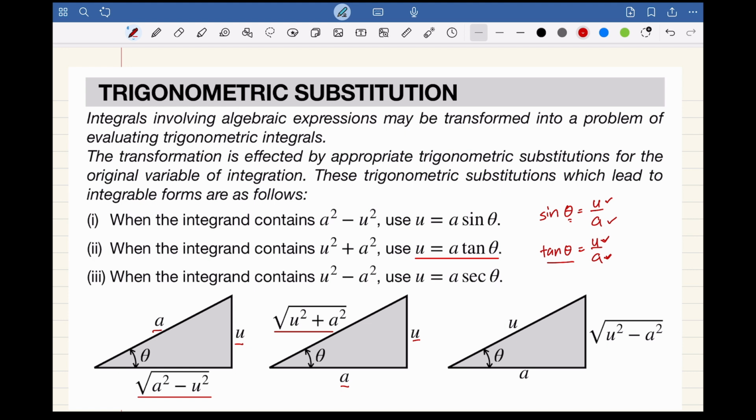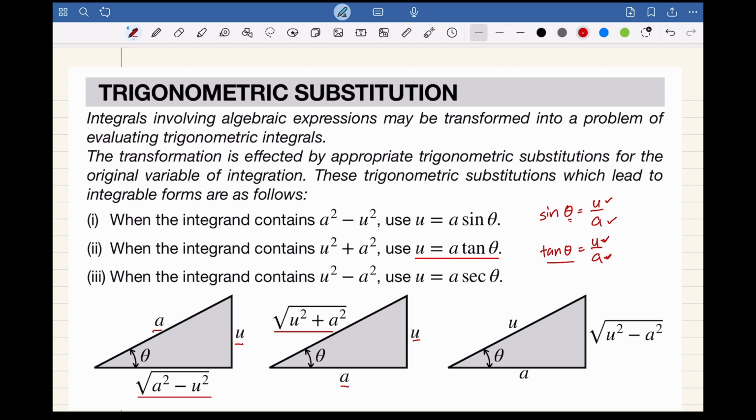And then for case 3, when our integrand contains the form u squared minus a squared, wherein u is a function of x and a is a constant, when we have this particular form sa ating integrand, we use the substitution u is equal to a secant theta, where u is a function of x and a is a constant.